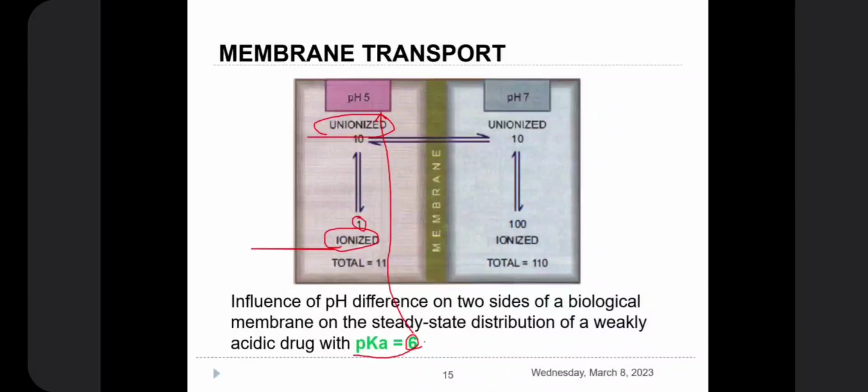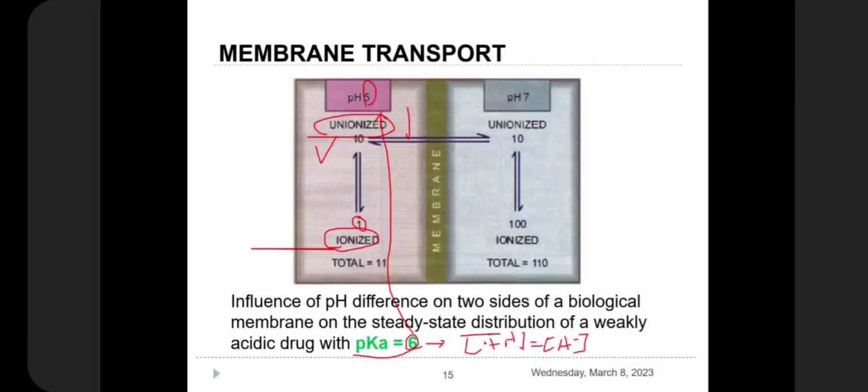When the pKa is 6, it means HA is equal to A minus. And when the pH goes down to 5, it means the unionized form is larger than the ionized form.